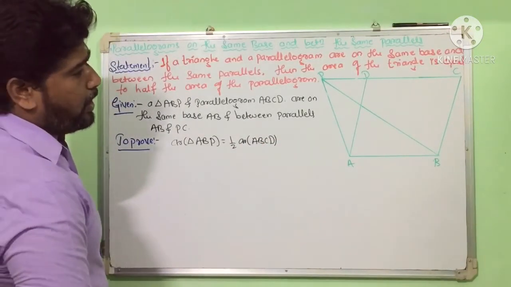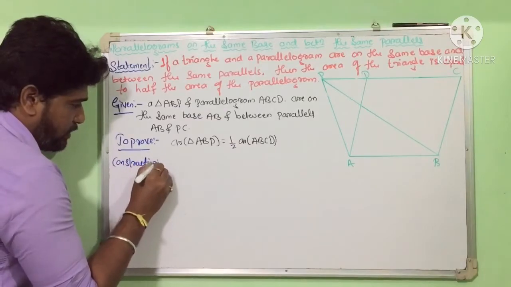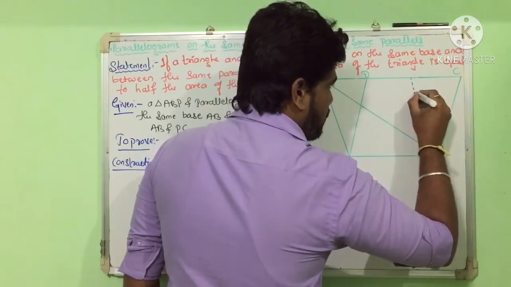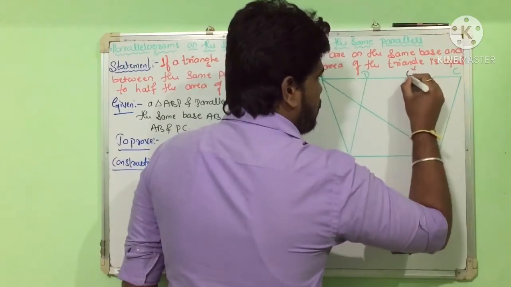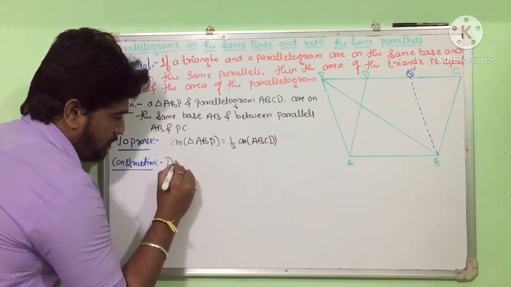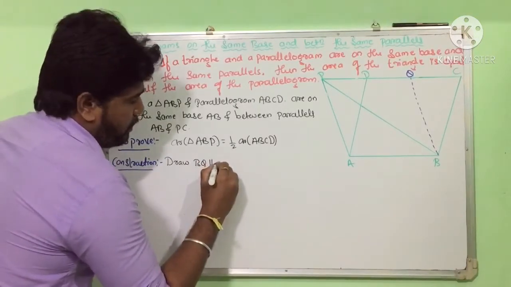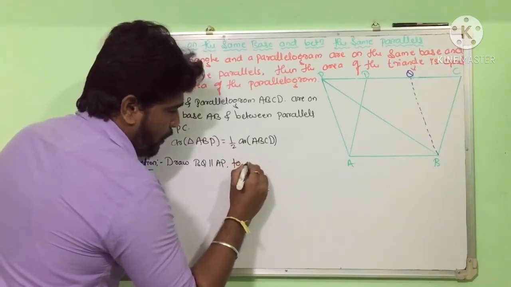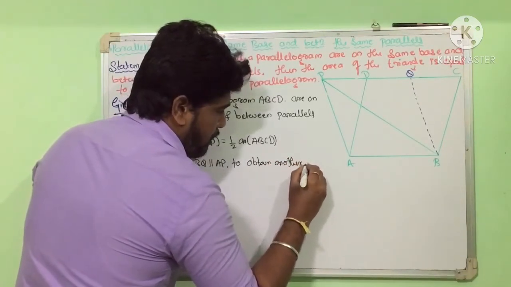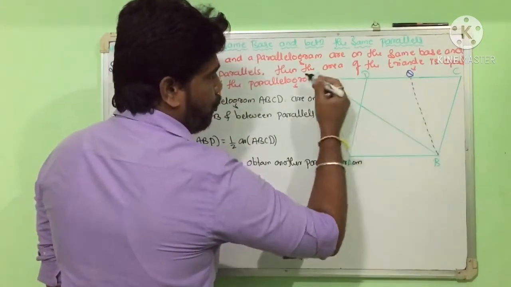Is it clear? So here we want to make a construction. So here draw one line, and give it the name Q. So construction here: draw BQ parallel to AP to obtain another parallelogram ABQP.